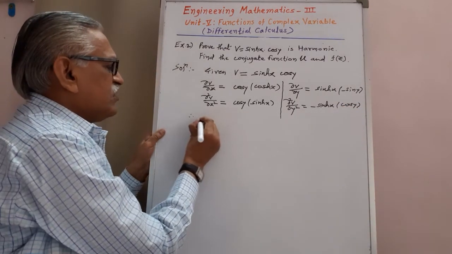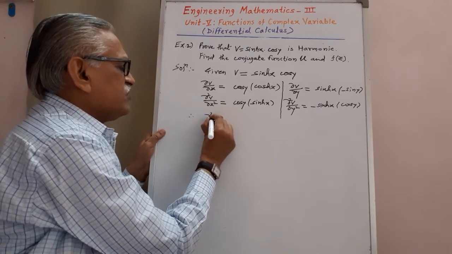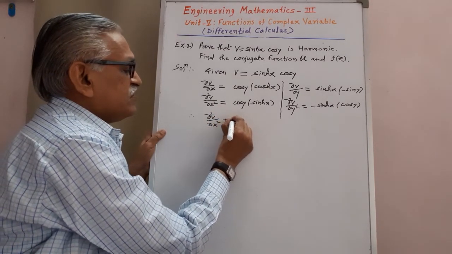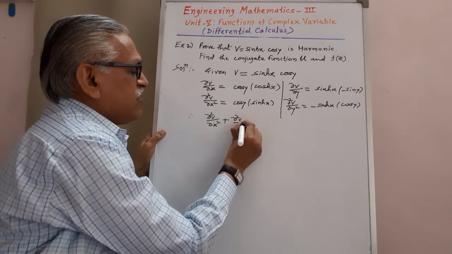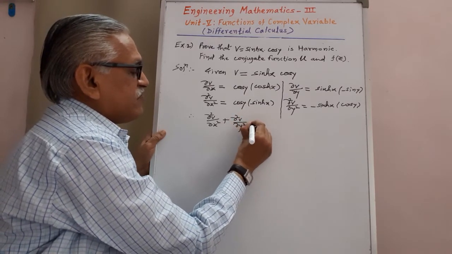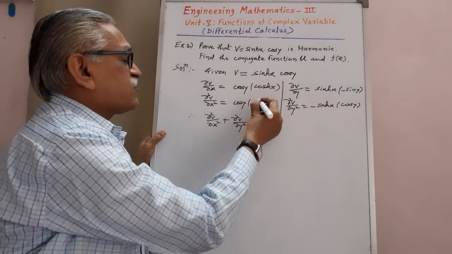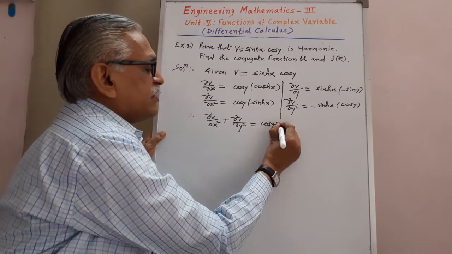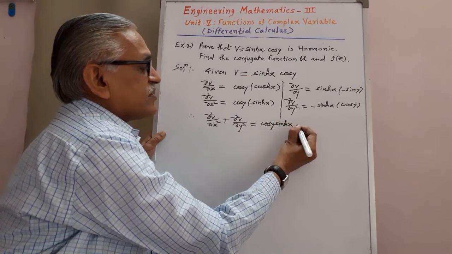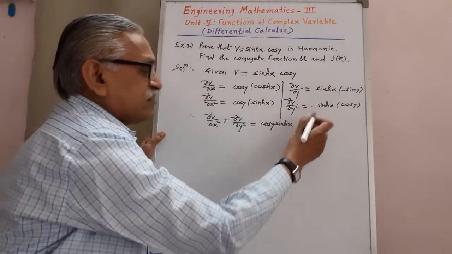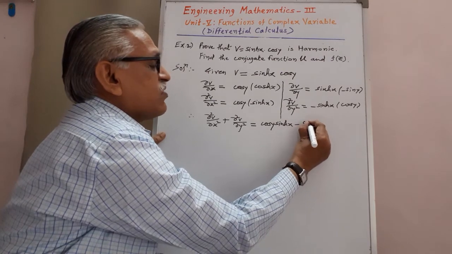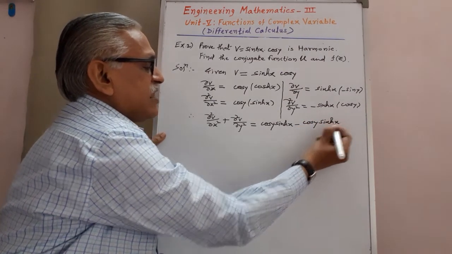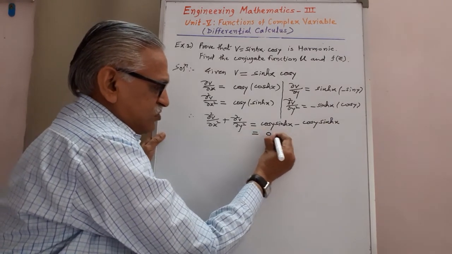Therefore we take the addition of these two terms, dou 2v by dou x square plus dou 2v by dou y square. Dou 2v by dou x square is cos y sin hx, and dou 2v by dou y square is minus cos y sin hx, and therefore that sum is 0.